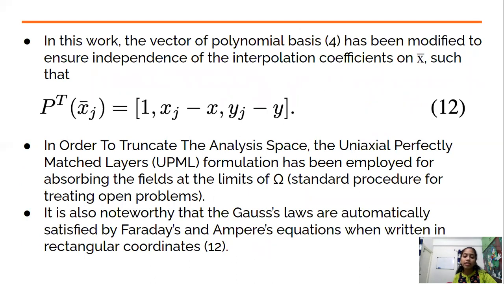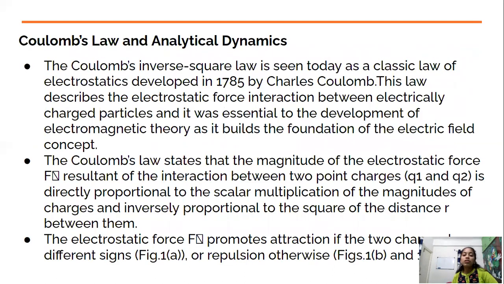In order to truncate the analysis space, the uniaxial perfectly matched layers UPML formulation has been employed for absorbing the fields at the limits of the domain, the standard procedure for treating open problems. It is also noteworthy that Gauss's laws are automatically satisfied by Faraday's and Ampere's equations when written in rectangular coordinates.